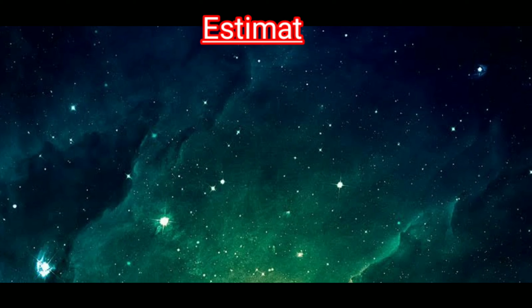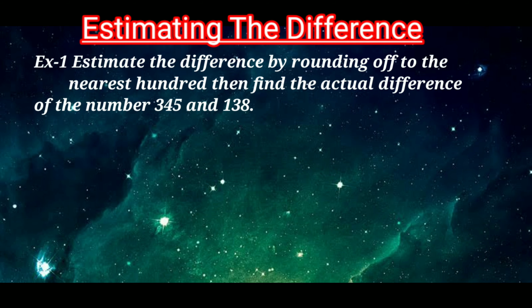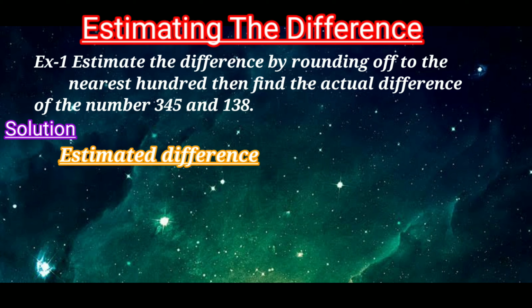Now we are moving forward towards estimating the difference. Let us estimate the difference by rounding off to the nearest 100 and also find the actual difference of the given numbers. Here, to estimate the difference, firstly we round off the numbers to the nearest 100.